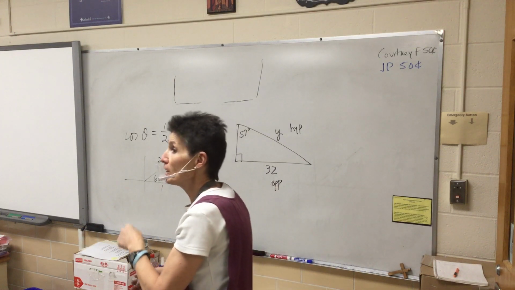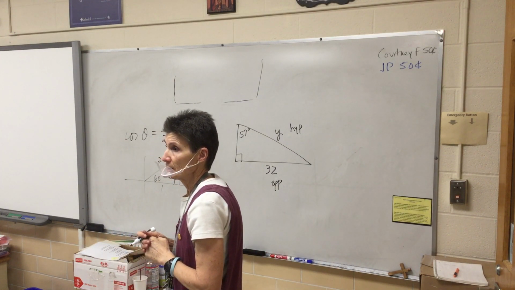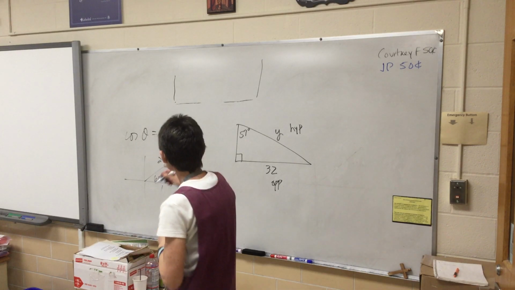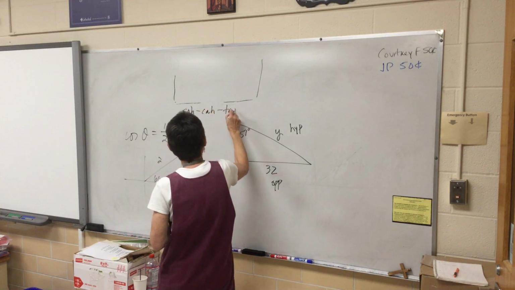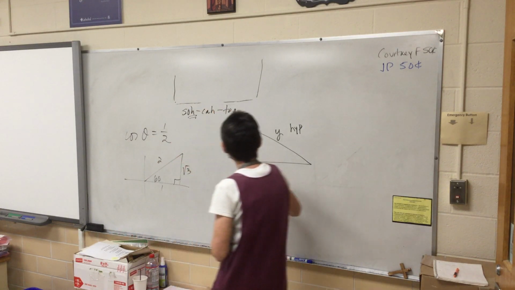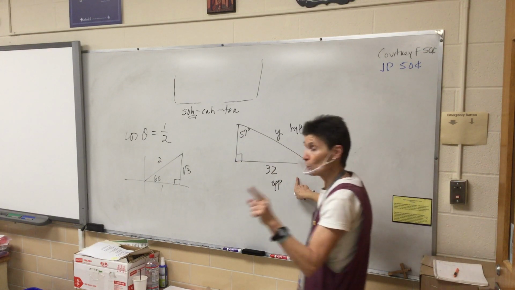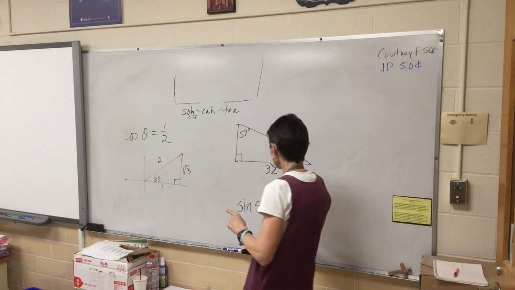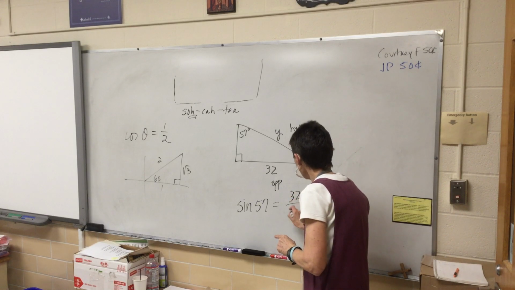So which function, sine, cosine, or tangent, are we going to use? Sine. SOHCAHTOA. You can write that down at the top of your paper to remind yourself. So we have opposite and hypotenuse, so that's going to be a sine problem. So we're going to write sine of the angle equals opposite over hypotenuse.